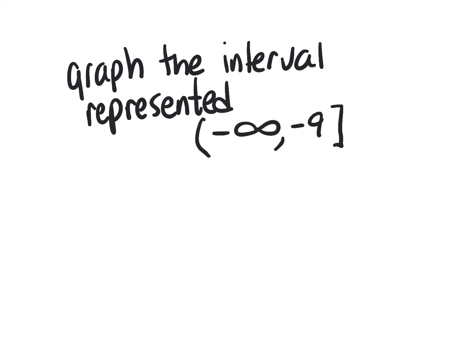In this problem, we're being asked to graph the interval represented. We're so used to graphing on the coordinate plane with x and y. You might originally think that, but no, we just want a number line. And this interval notation is saying we're going all the way down to the bottom with our -infinity, and that never ends.